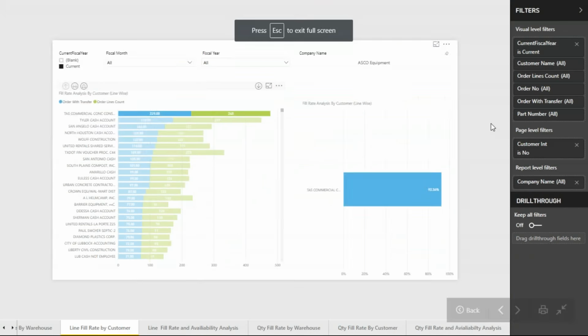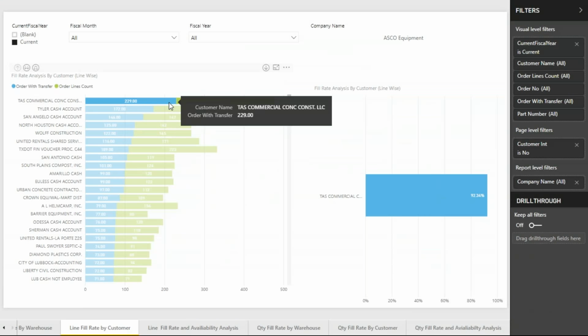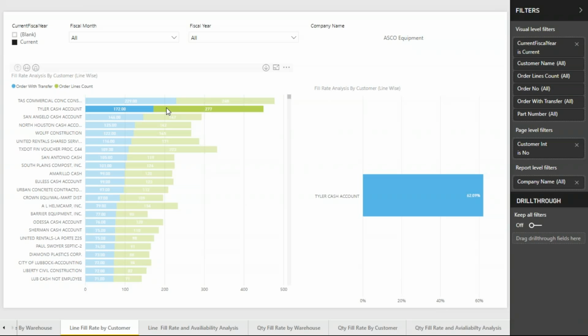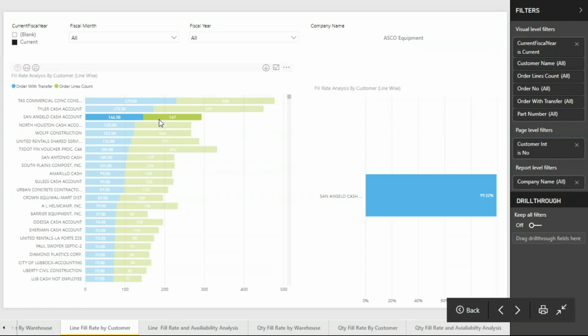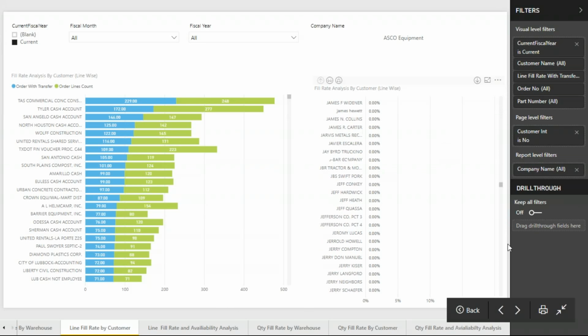So I think we're fine now. Volume wise, this seems to be one of our biggest customers, and that's your fill rate. And this one, I don't know what cash account means, but it means history. So essentially, it lets you look at an individual customer's fill rate, and you play with it. You could look at top 10, bottom 10, see what's going on where, so that can come in handy.